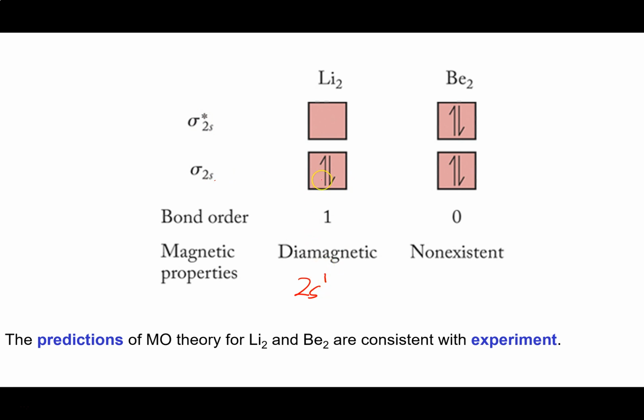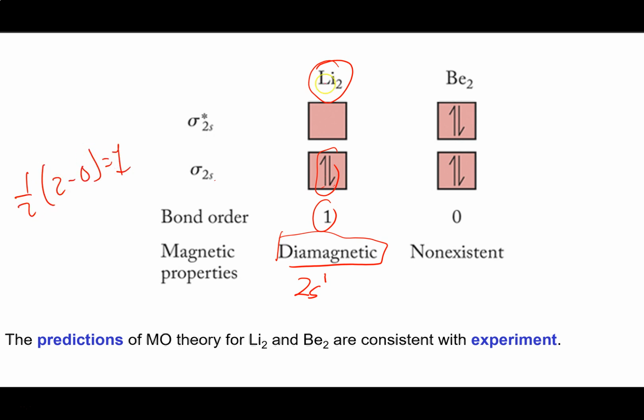We need to put 2 electrons in here, one from each lithium atom, and we get 1, 2. So we would expect that lithium 2, all of its electrons are paired up. It would be what we refer to as diamagnetic, and the bond order 1/2 of 2 minus 0 gives me 1. So we would expect that lithium 2 exists.